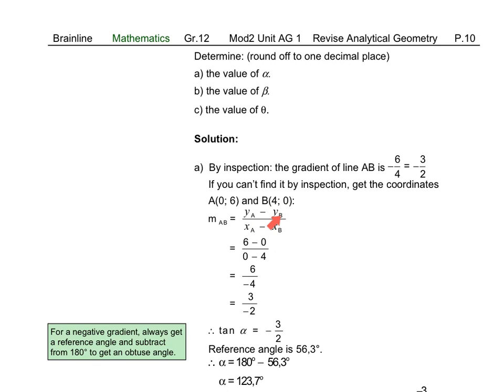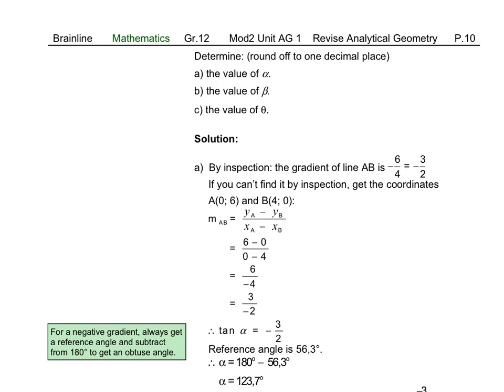So we take the difference in y values, 6 minus 0 on top of the fraction line, over the difference in x values, 0 minus 4 below the fraction line. That gives us 6 over minus 4, and when we divide by 2 at the top and the bottom, we can simplify the gradient of AB being minus 3 over 2.